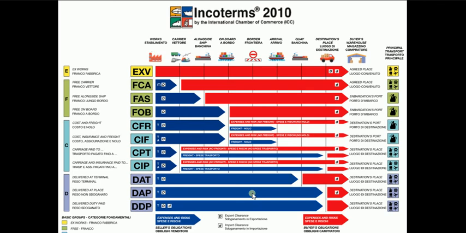And the last one is delivered duty paid, that is from your factory till your buyer's destination place, and any cost that is involved in between, the exporter is responsible for. This will include the import taxes also.